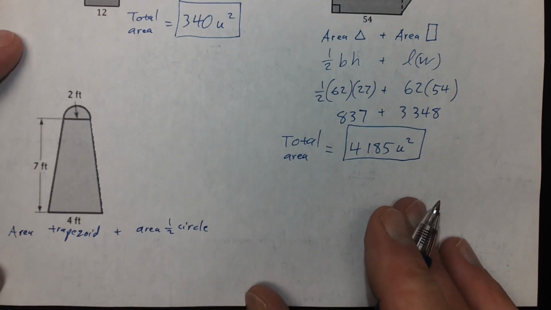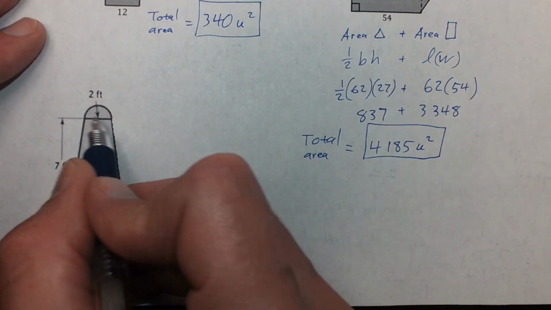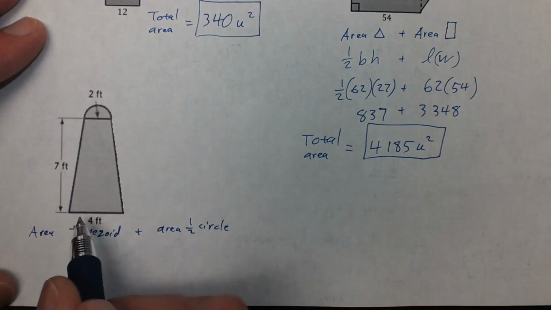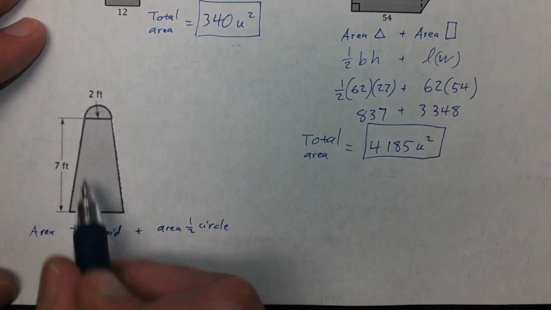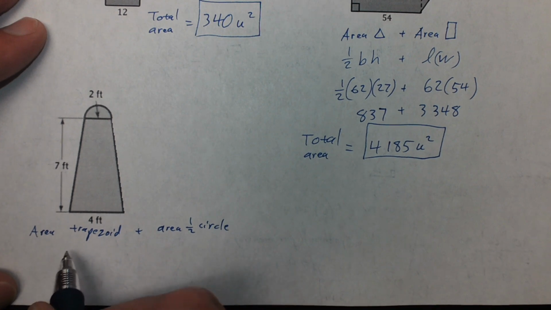I'm just going to get started with something for that. Well, what is our trapezoid? We've already covered trapezoids. We know this whole top base is 2 feet, the bottom base is 4 feet, it's got a height of, what was that, 7 feet.